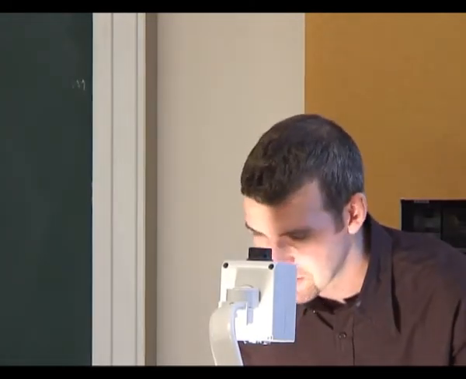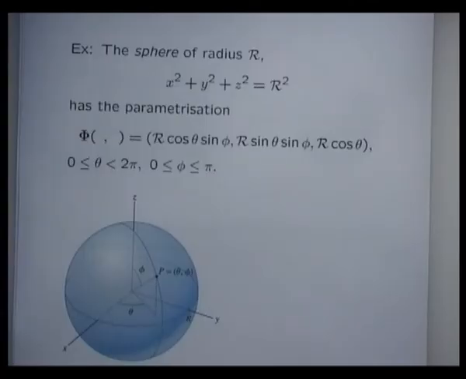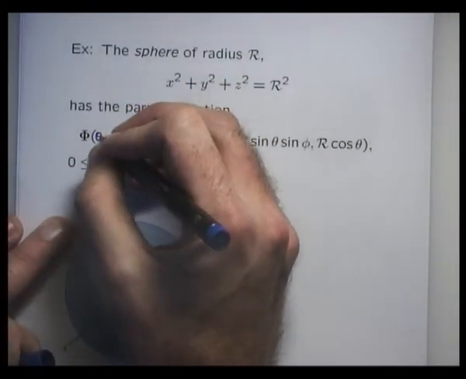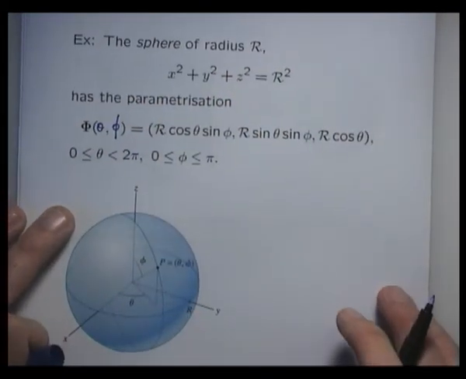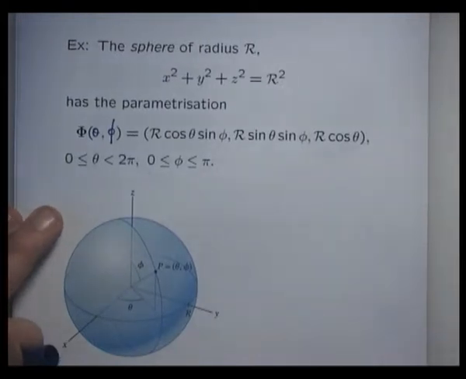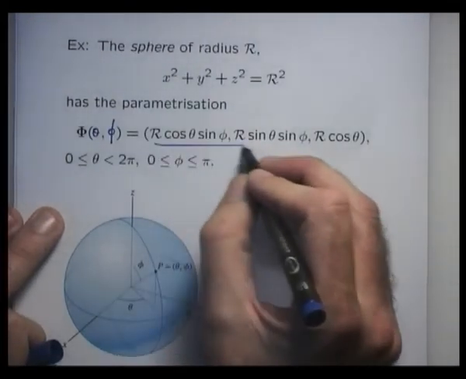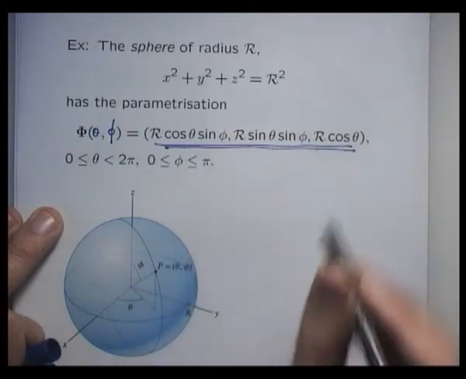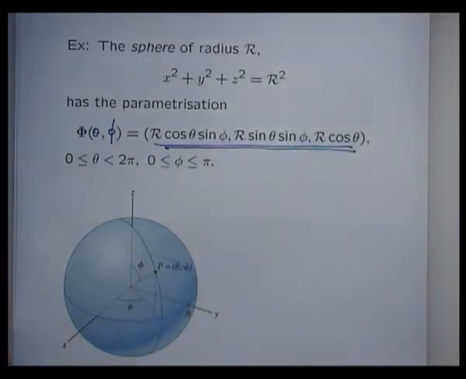All right, let's talk about the sphere with a fixed radius. Here the surface of the sphere is given by this parameterization. Again, you can check that. So we're working in spherical coordinates here.